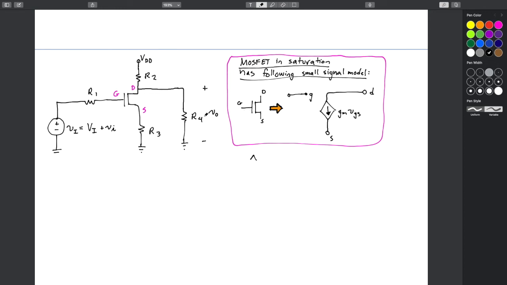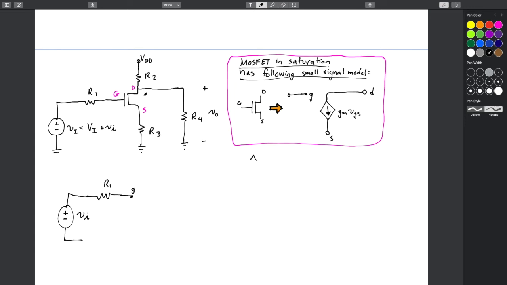And this includes all of the voltages too. So our input voltage is now just little vi. Our resistor coming in is still just a resistor. The small signal model of a resistor is a resistor. So R1 is just going to go here and then end right at the gate.